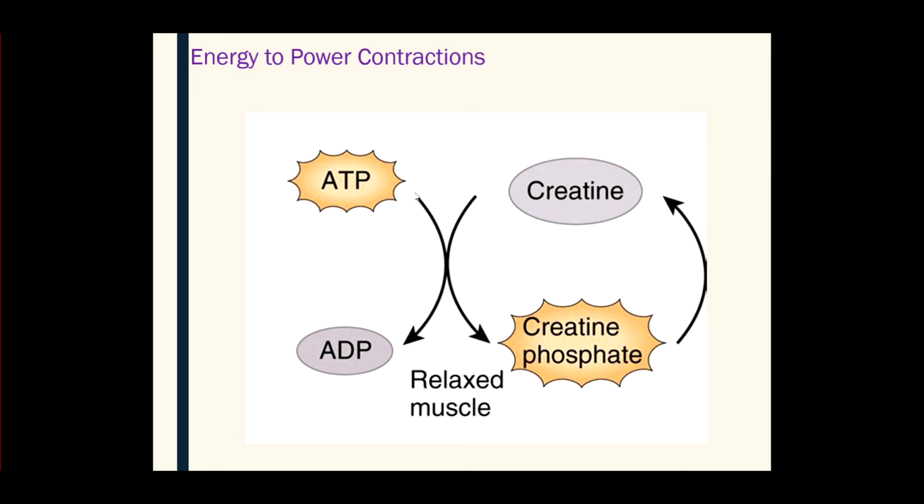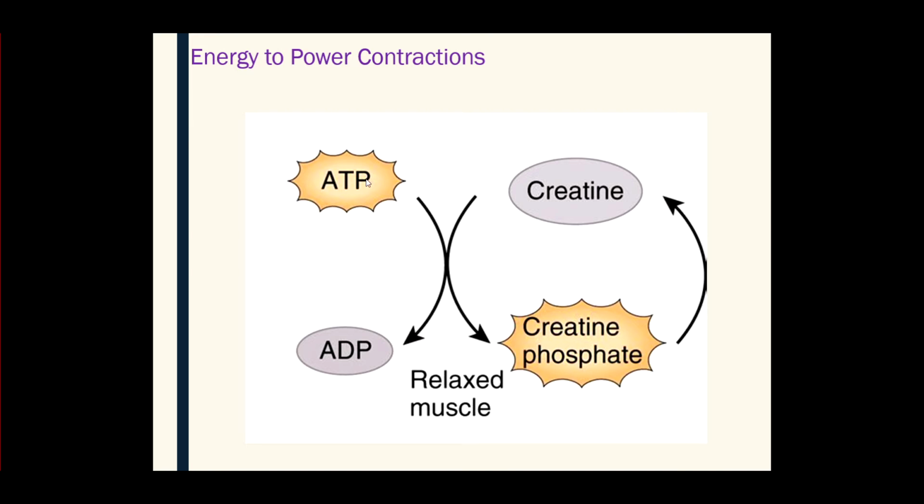We take the energy of ATP, so follow this arrow here, and now it's going to clash with the creatine. That's this arrow here. And we're going to take the phosphate and transfer it to creatine and now end up over here with creatine phosphate. This is savings account, actually savings account number 1. We're going to learn that there's 2 savings accounts that I want you to know. So now we can save ATP in the form of creatine phosphate.